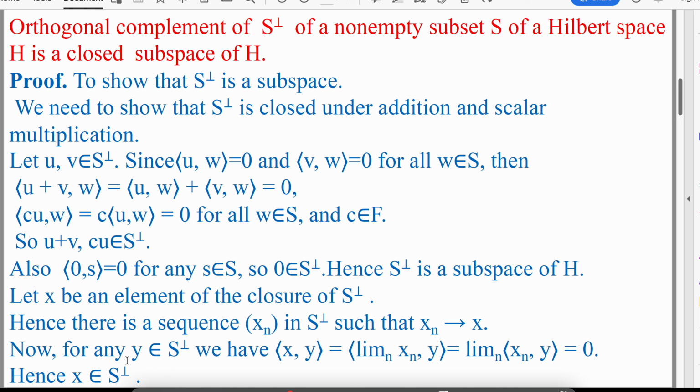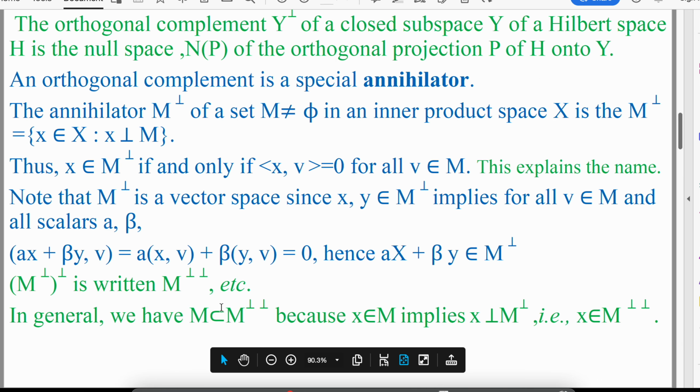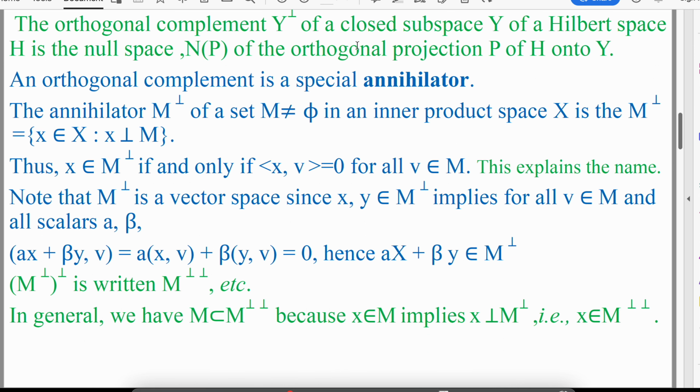So we have proved that orthogonal complement of any non-empty subset of a Hilbert space H is a closed subspace of H. Now the orthogonal complement of a closed subspace of a Hilbert space is a null space N(P) of the orthogonal projection P of H onto Y, and it is a special annihilator.